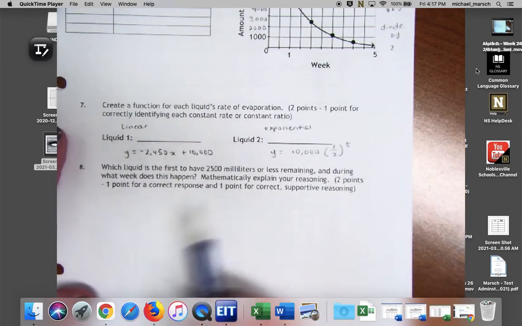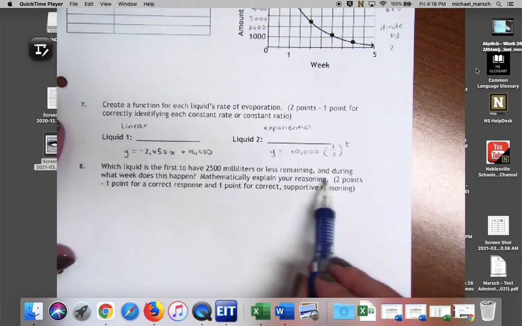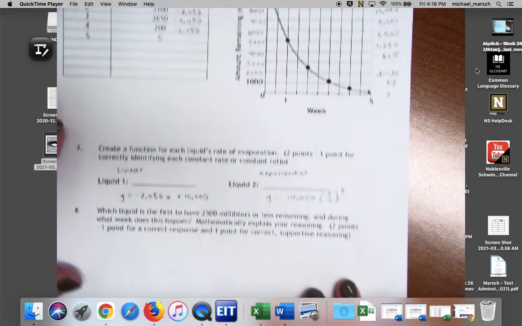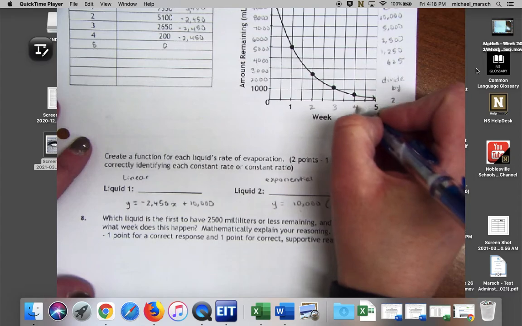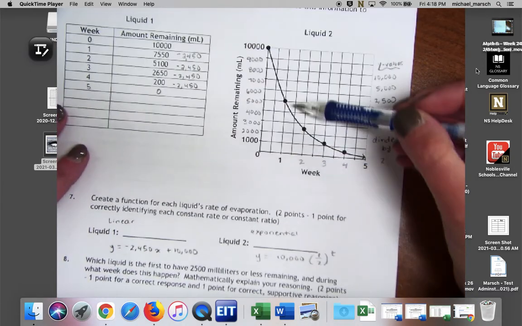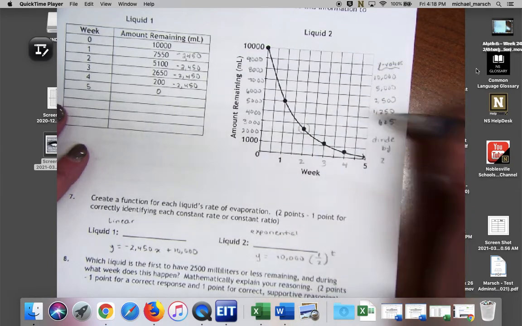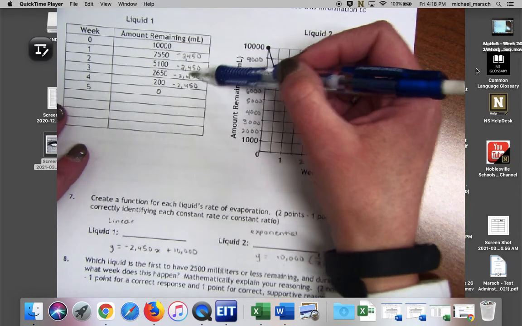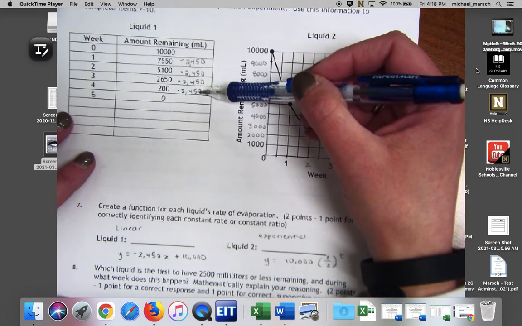Which liquid is the first to have 2,500 milliliters or less remaining, and during what week does this happen? So let's look here. If I fill in the rest of the weeks for this graph, I'm down to 2,500 here in week 2. And down here, I'm not going to get to that until between week 3 and 4.